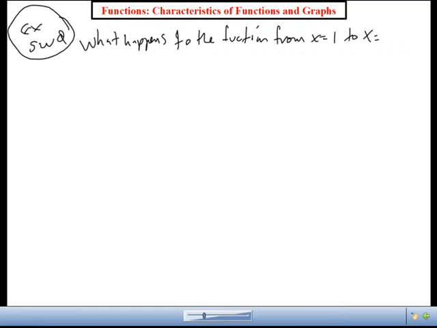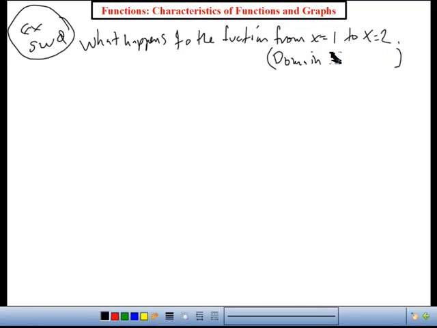Or in other words, what happens to the function when the domain is 1, 2?